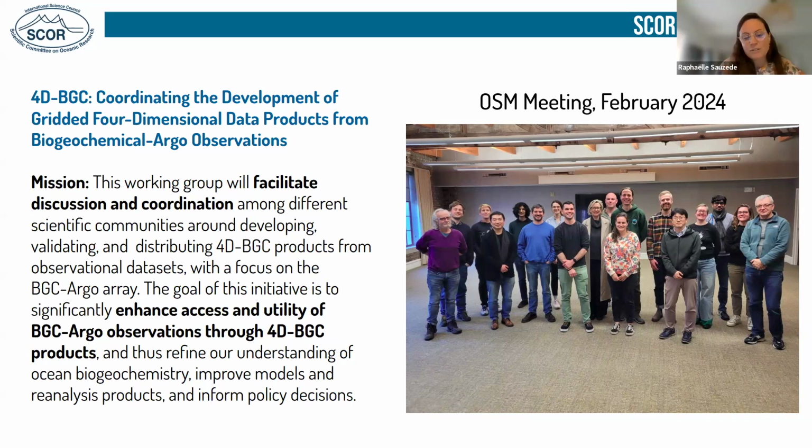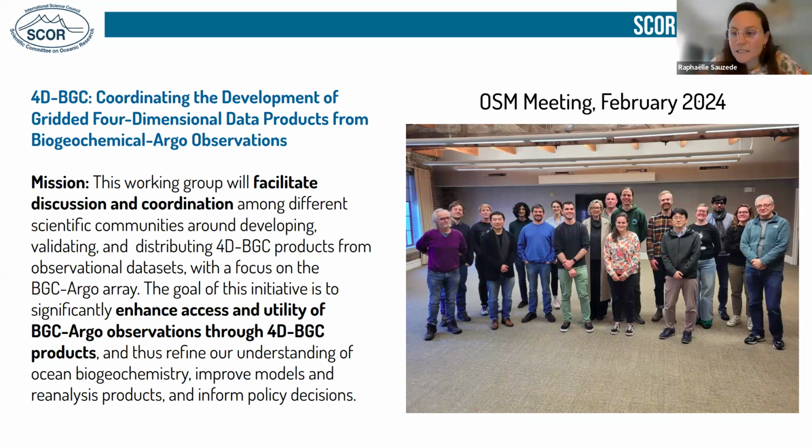The goal of this initiative is to significantly enhance access and utility of BGC Argo observations through the 4D-BGC products, and thus refine our understanding of ocean biogeochemistry, improve models and reanalysis products, and also finally inform policy decisions. You have here the picture of the group that did the first in-person meeting at the Ocean Sciences Meeting in February of this year.